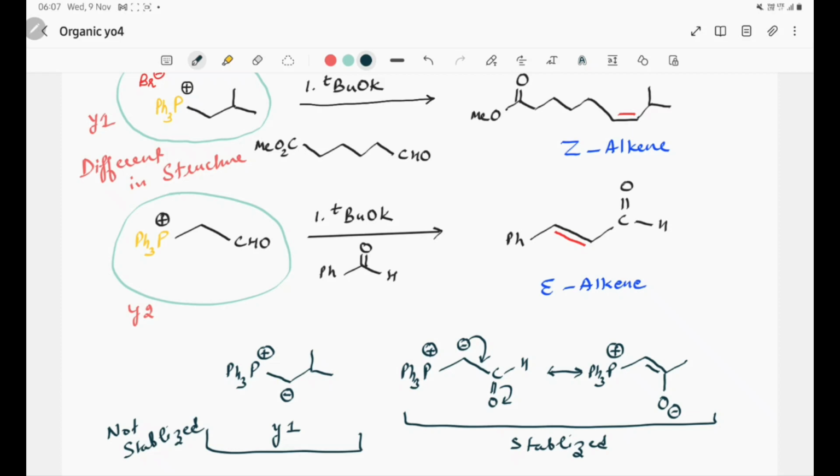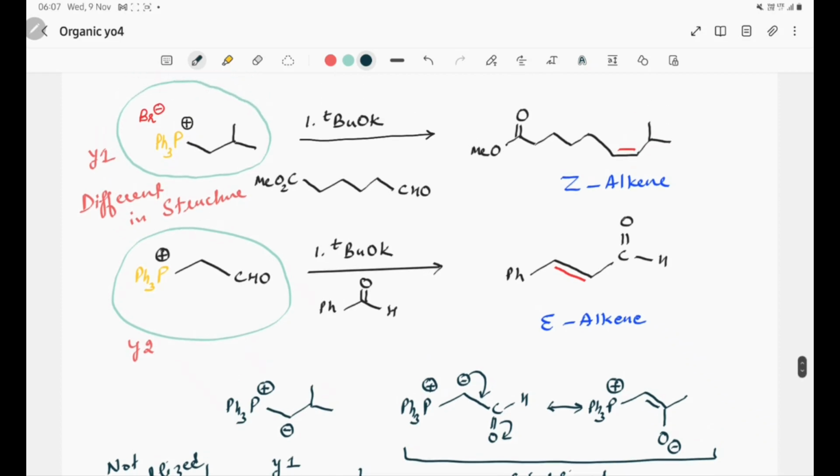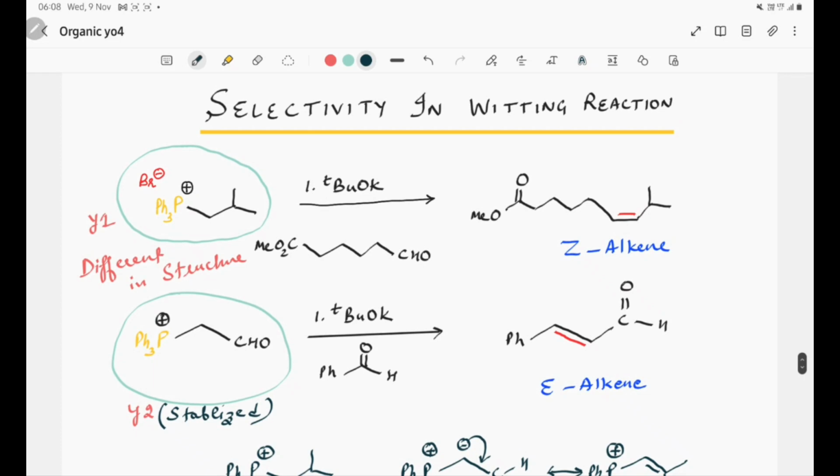So, depending upon this phenomenon, ylides can be classified as stabilized ylides, which is the one used in the second reaction, whereas in case of the first, ylides are often termed as unstabilized ylides.